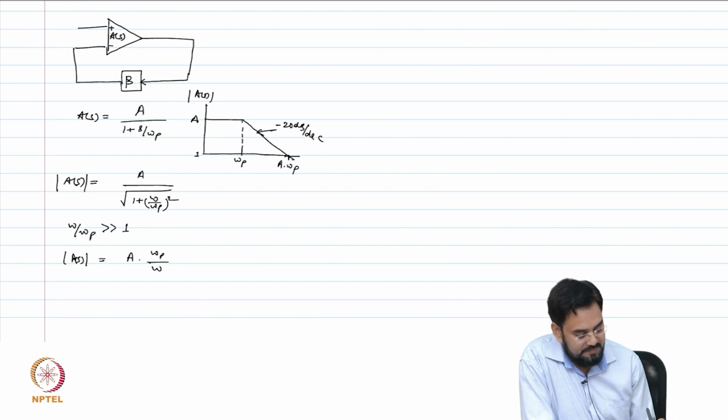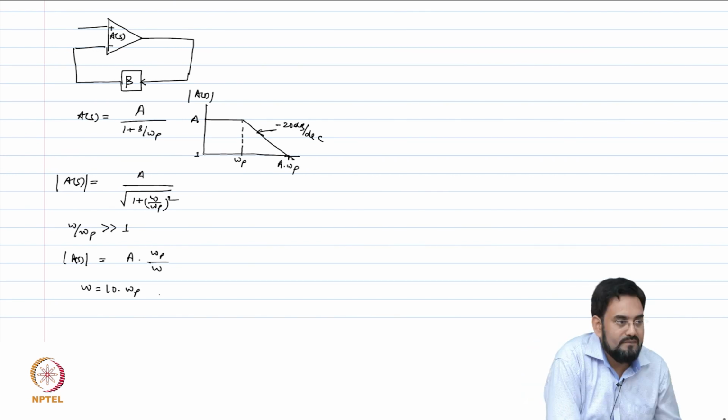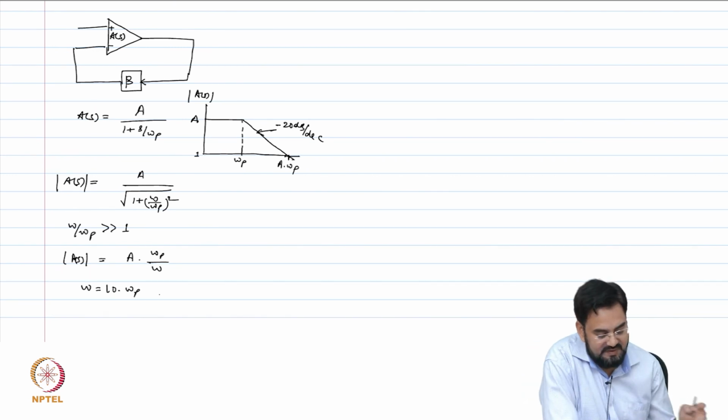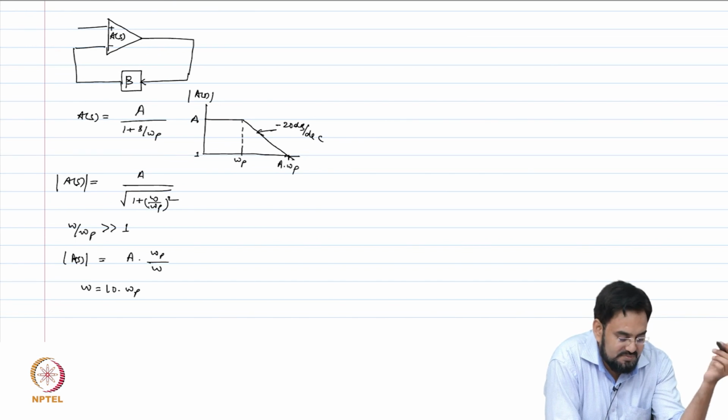Now if you keep omega equal to 10 times omega p, the ratio will become 10, or with the square, 100, which is obviously much larger than 1, and that is the assumption we take.